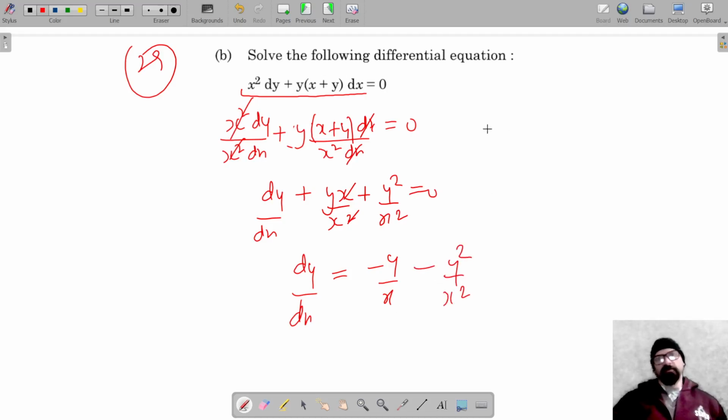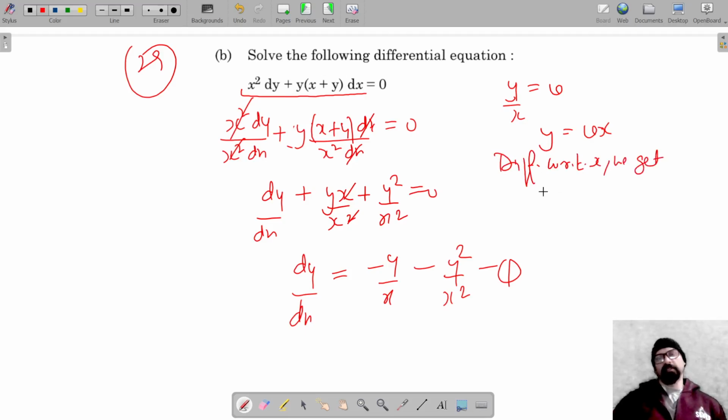Okay, let's make the substitution here. Let's say this is our first equation. Let y upon x be equal to v, which gives me y equal to vx. Now I'm going to differentiate this with respect to x. We get dy by dx equal to v, differentiation of x is 1, plus x into dv by dx.